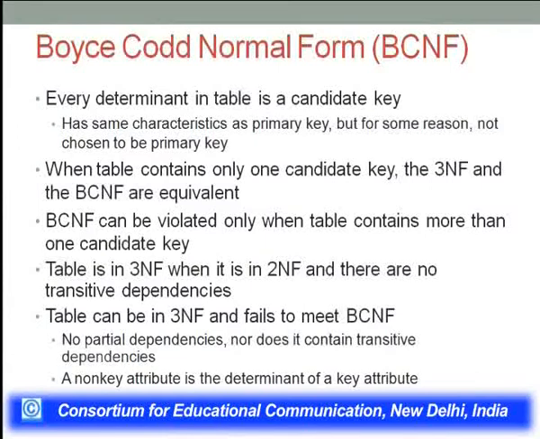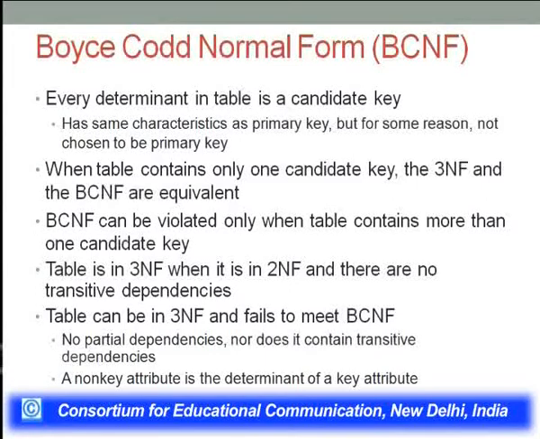Now, in this case, every determinant in a table is a candidate key. We all know this, that all determinants are candidate keys. This has some characteristics of a primary key, but for some reason it is not chosen to be the primary key.